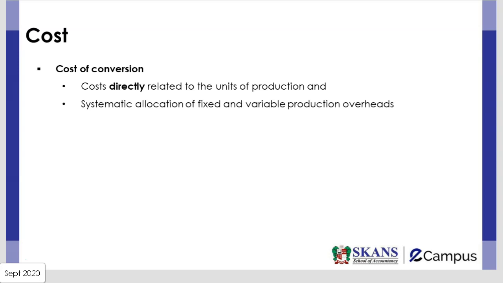So costs directly related to the units of production are called conversion costs. Systematic allocation of fixed and variable overheads. The cost of conversion normally consists of two items. Number one, direct labor. And number two, production overheads.